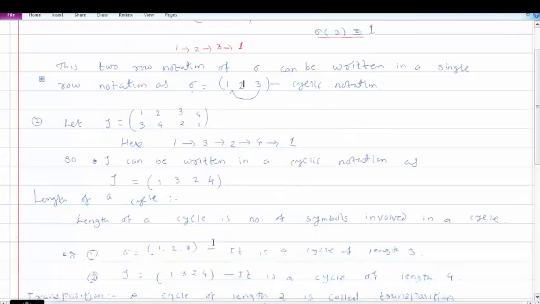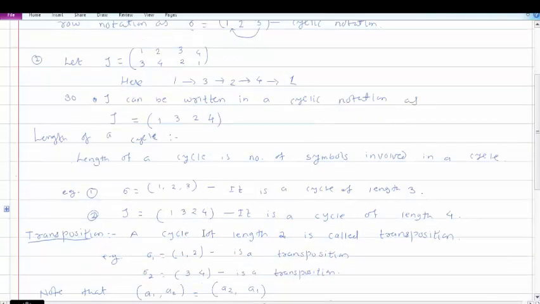Consider another example. Tau is equal to 1 goes to 3, 2 goes to 4, 3 goes to 2, and 4 goes to 1. This permutation belongs to S4 because the highest symbol is 4.